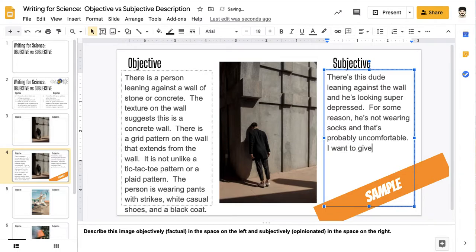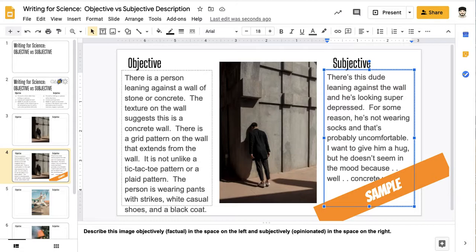I want to give him a hug, but he doesn't seem in the mood because, well, concrete wall. So, like, this is coming from my point of view. I don't know if any of this is accurate, right?